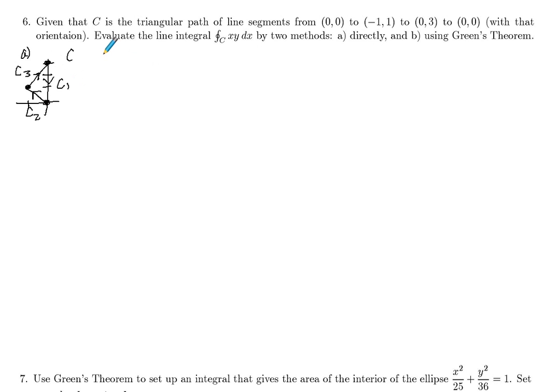Alright, so let's go ahead and parameterize here. So C1. There's a couple things we can do here. I'm just going to use our convex combination parameterization. So I'm going to do 1 minus t times the start point, which is up here at 0, 3, and then plus t times the endpoint, which is down here at 0, 0.